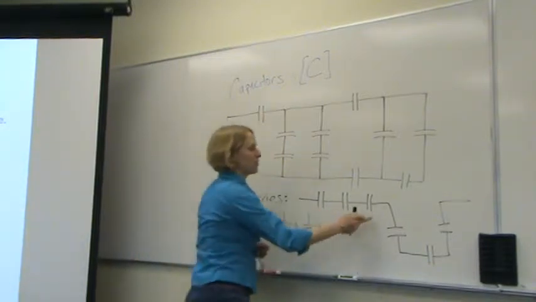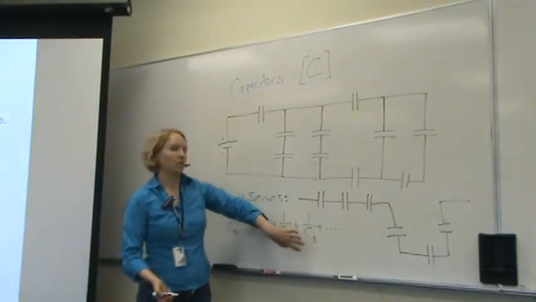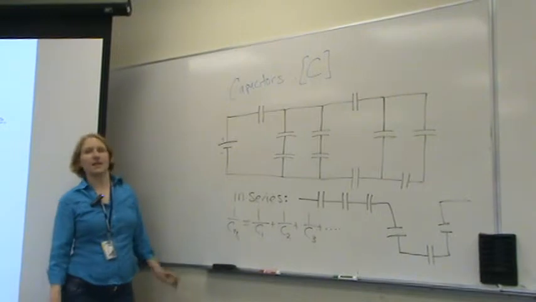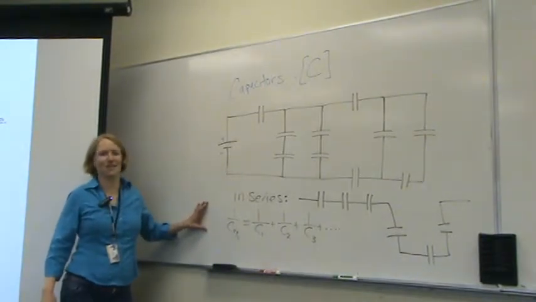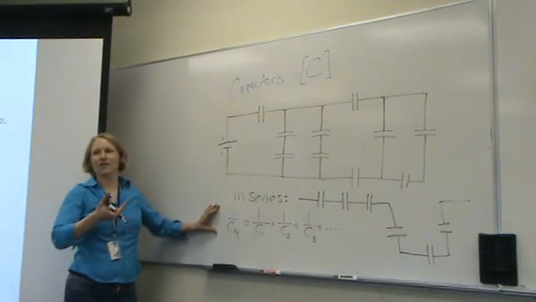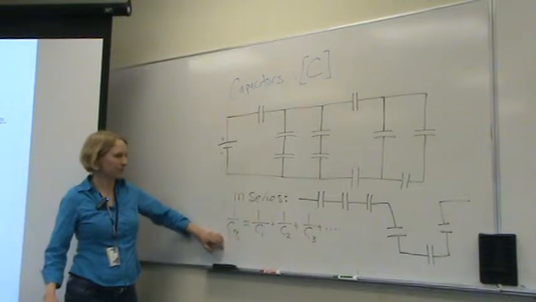We've got 1, 2, 3, 4, 5, 6 capacitors in series, so we would have 6 reciprocal terms. And the part that everybody tends to forget is once you get your answer, you've got to flip it in order to get your equivalent capacitance out of it.